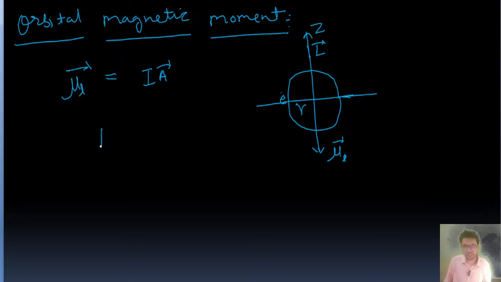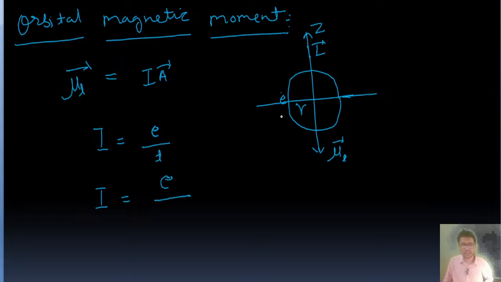Now we can find the current I. I is e upon T, where T is the time to complete one circle, because we know I is Q upon T, and Q is the charge on the electron, e.